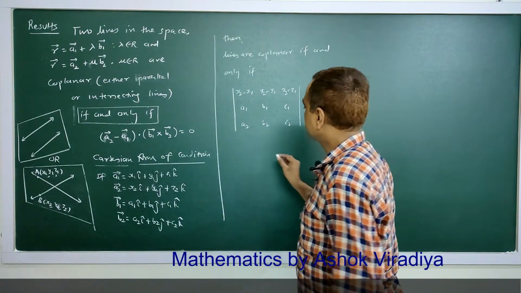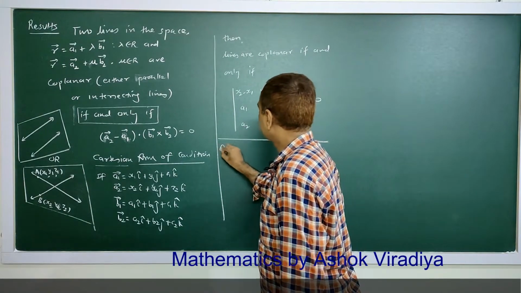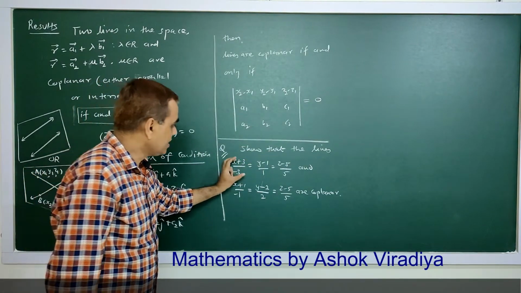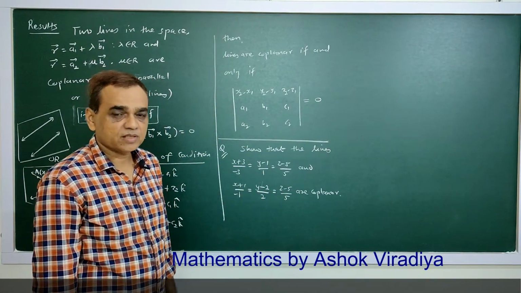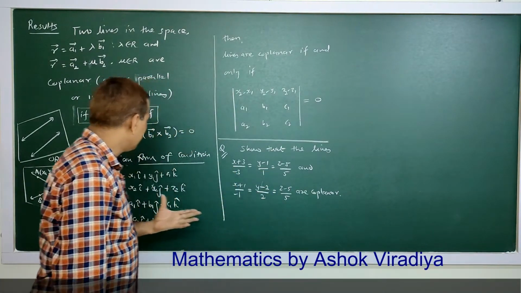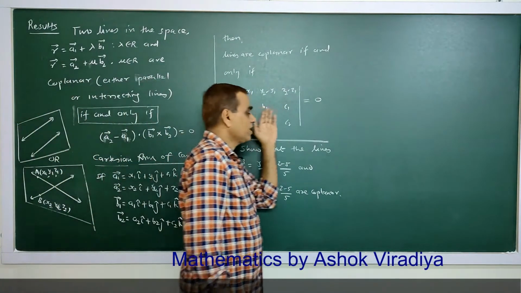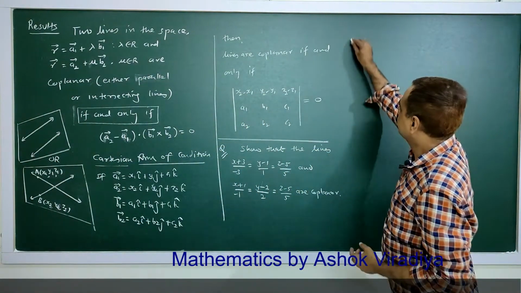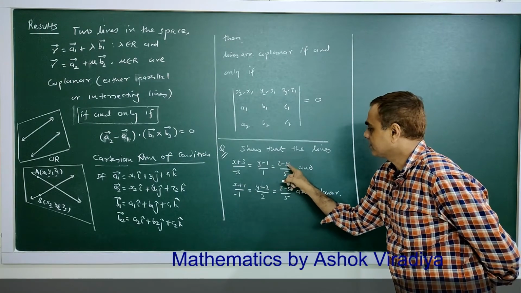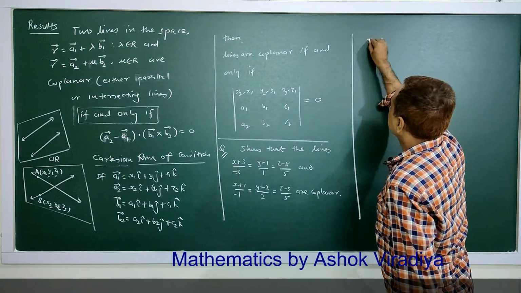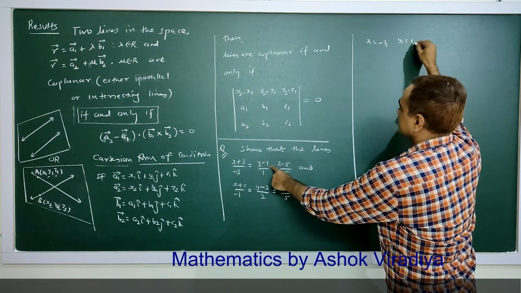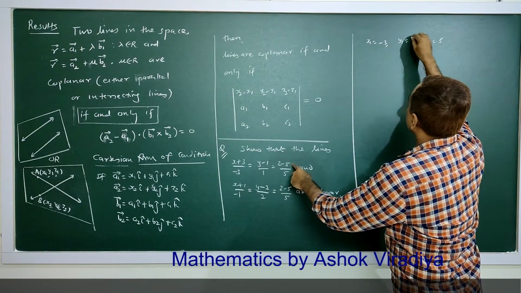Now to understand this condition, let me take one example. Show that these lines are coplanar. See, equations of lines are in Cartesian form. So let me take these values which we have to put in this condition. x1 y1 z1 can be seen in the first equation: x1 is minus 3, y1 is 1, z1 is 5.